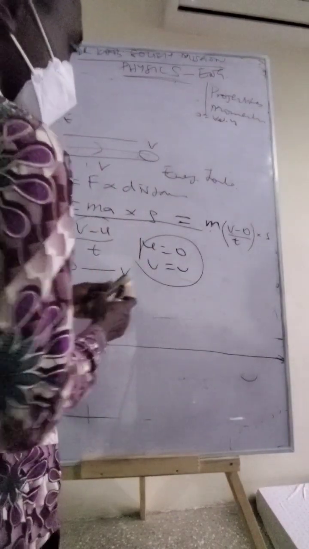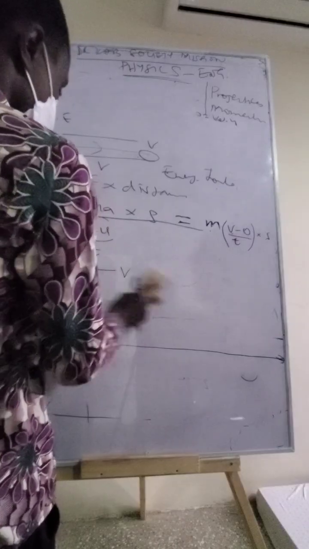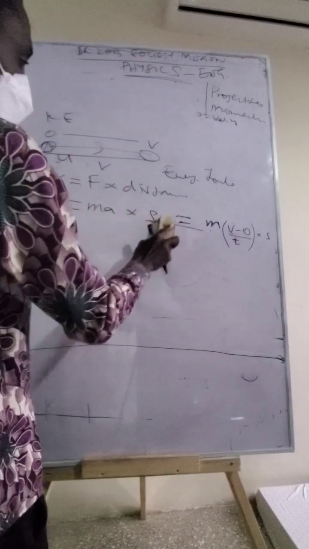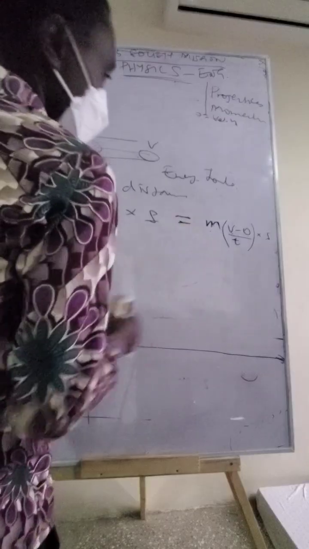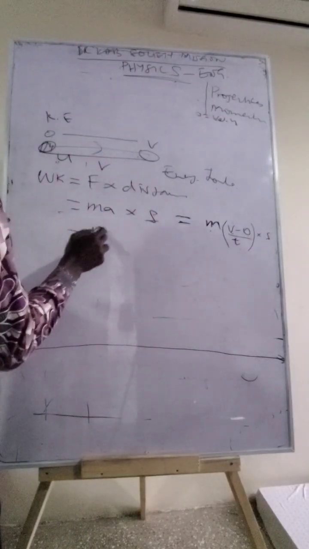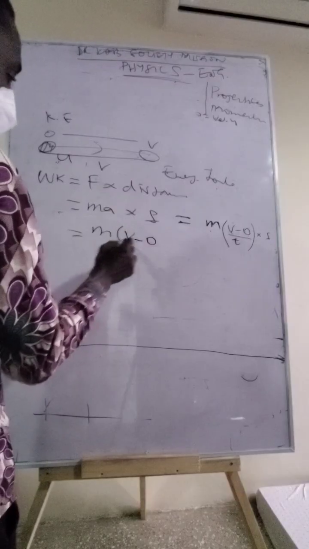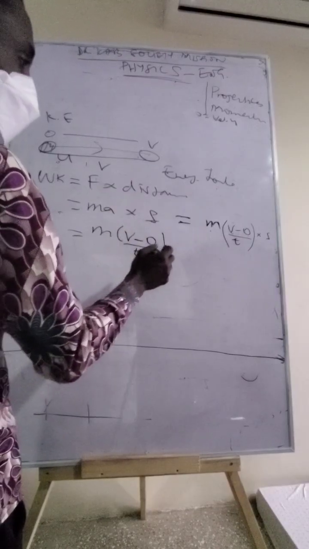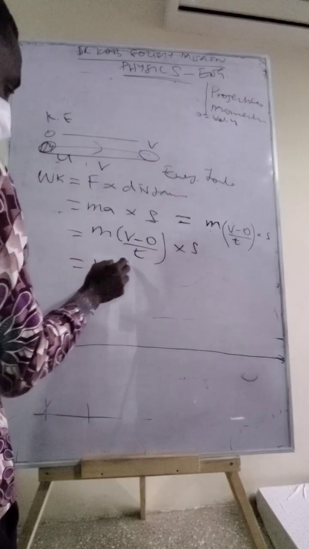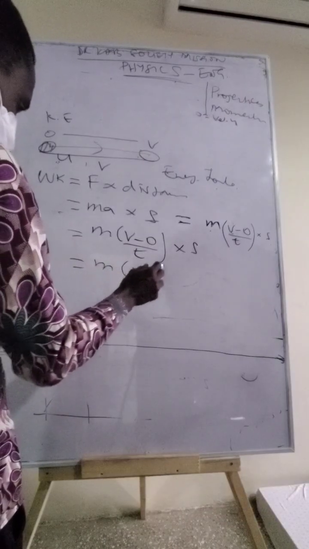So we are here. So this is s. We have this m v minus 0 over t times s. Now s, how do we define s? S is the distance. M v minus 0.